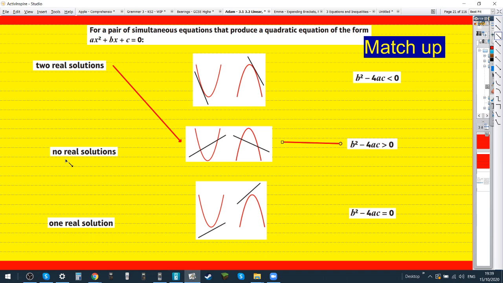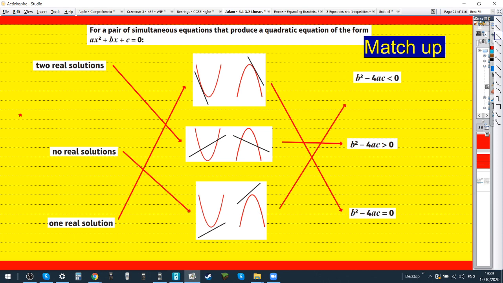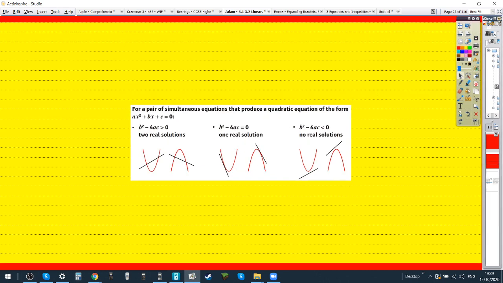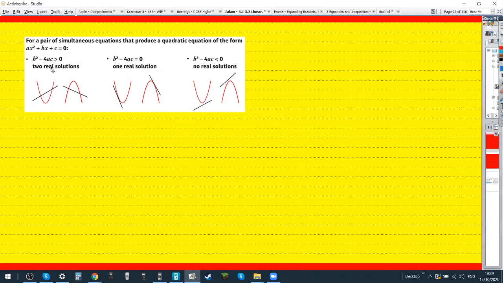And then one real solution would be, no, so would one real solution be the top one? And would that be the bottom one? Yeah. And then no real solutions is the bottom one and then the top one. That's it. Very good. So simultaneous equations follows the same thing.